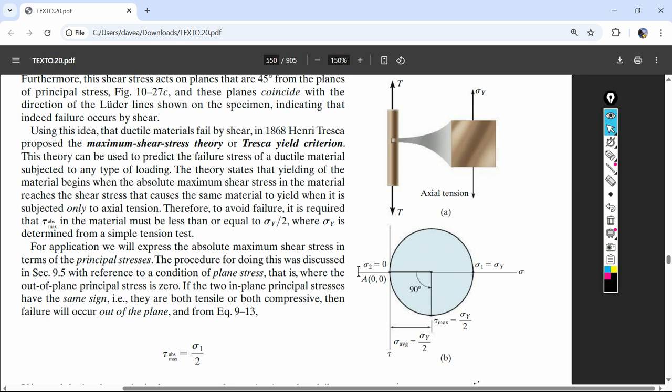If they're both negative, our circle is smaller compared to having one of these be different. Even if they're both negative, one value is going to be larger than the other, and that's going to be principal stress number 1. So let's just say this is a negative 10, and the other one is a negative 5.